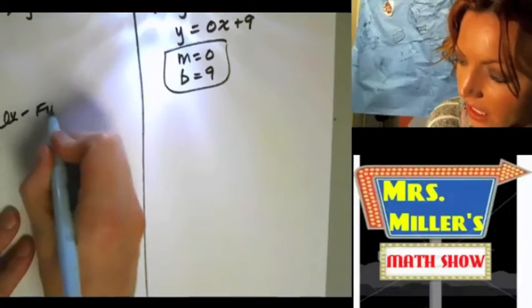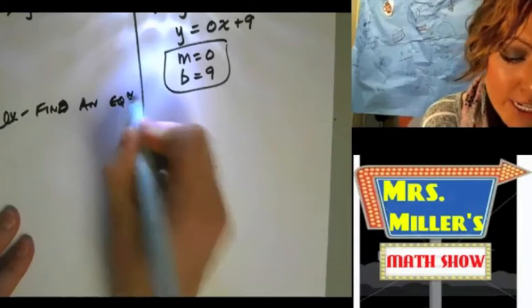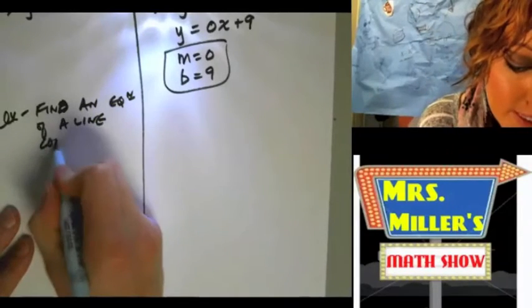So, find an equation of a line. Whoops, find. Equation of a line containing the following points.